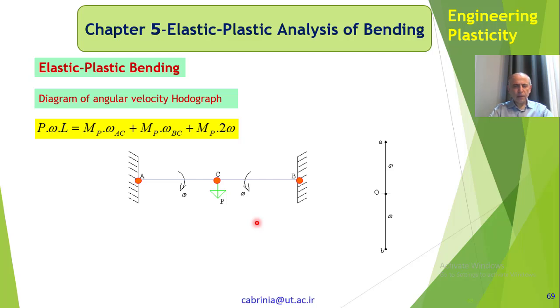Here I have drawn a very simple diagram. Point 0 means the velocity is 0. Point small a is showing the angular velocity for link AC, and I have shown it by this amount.